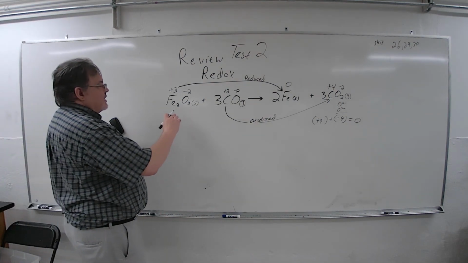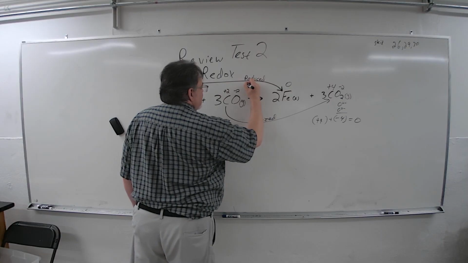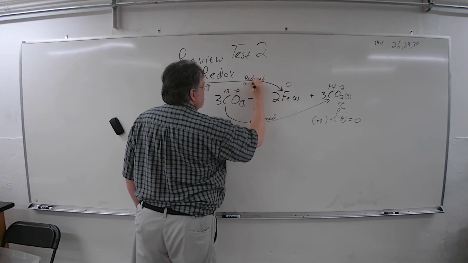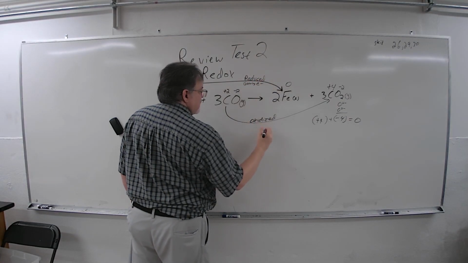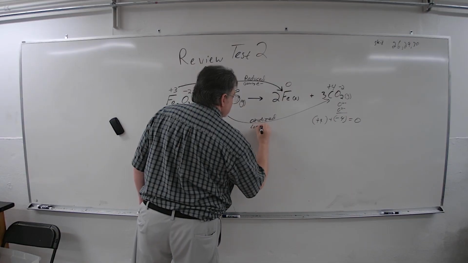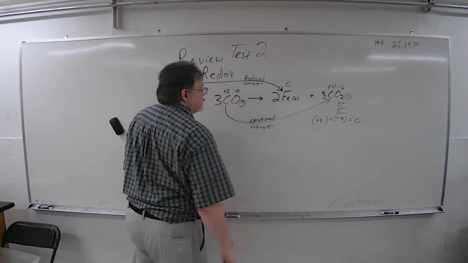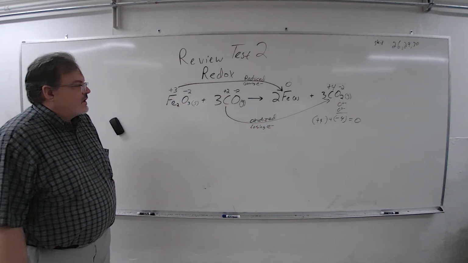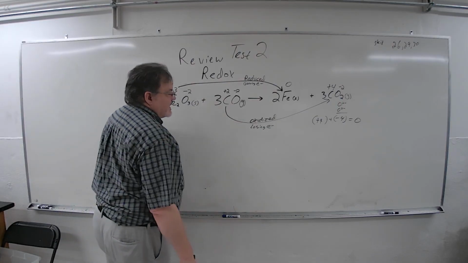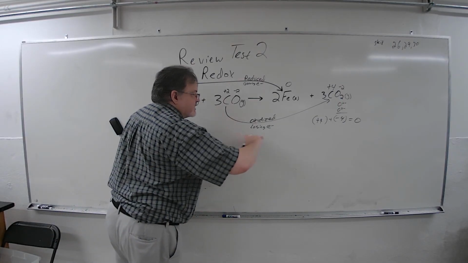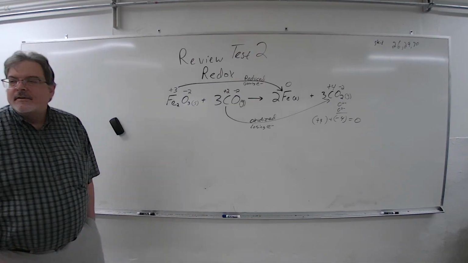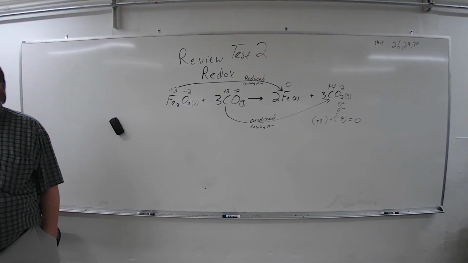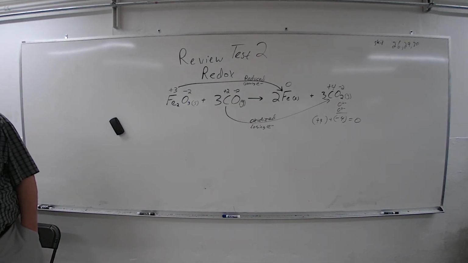So reduced is gaining electrons. Oxidized is losing electrons. And we can also say that iron is the oxidizing agent and carbon is the reducing agent. That's the redox process.